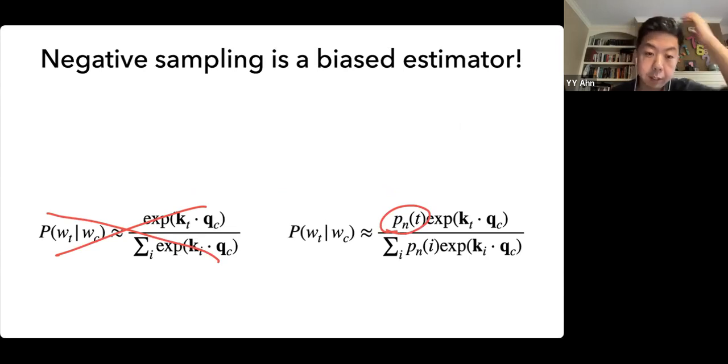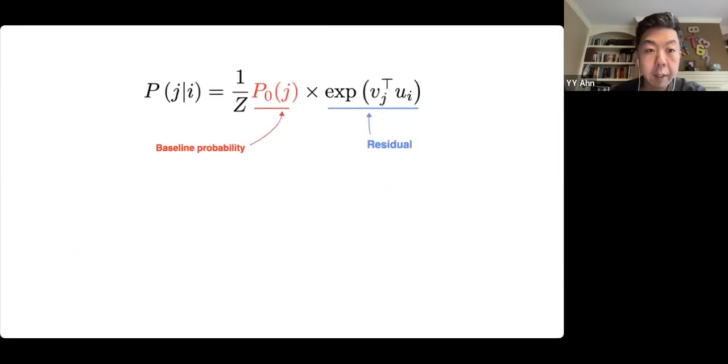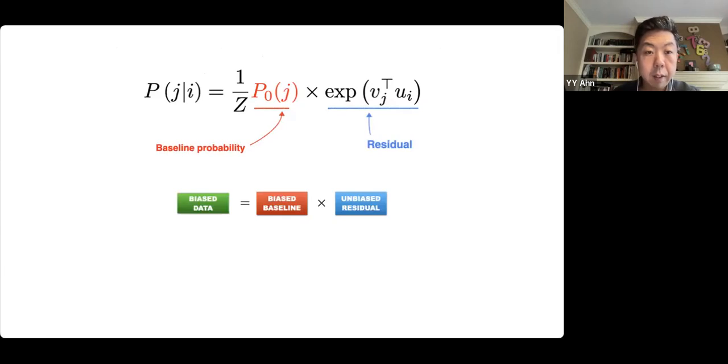But what's more interesting is how this particular bias affects our result. You can think of this bias as a kind of baseline probability, and the embedding as capturing the information of the residual that was not captured in the baseline probability. In other words, negative sampling is a biased estimator, but because of the bias, it removes the bias in the data.